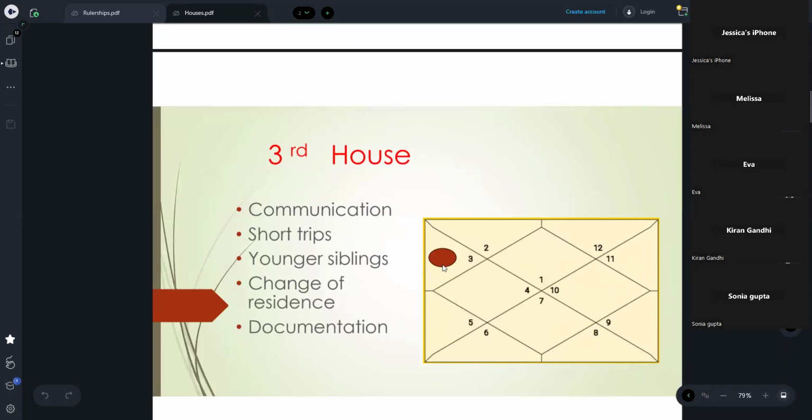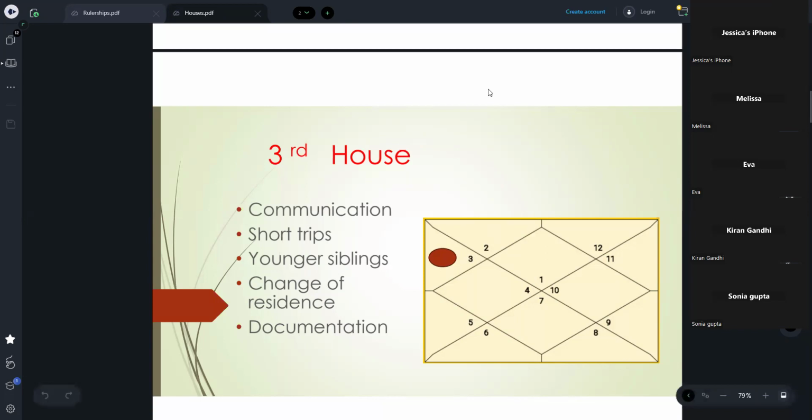So this is the third house. Right now, you don't really see any planets sitting here, so we're just talking about the houses, right? This house over here is going to tell you about your communication. Remember, we spoke about the second house, and we said the second house represents your speech, and it tells you how you communicate, not necessarily what you communicate, but how you communicate.